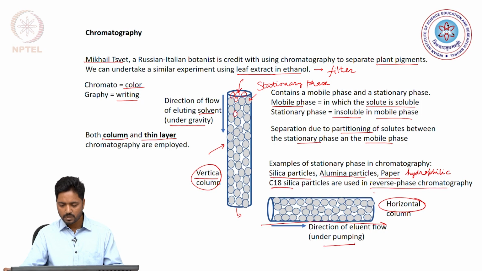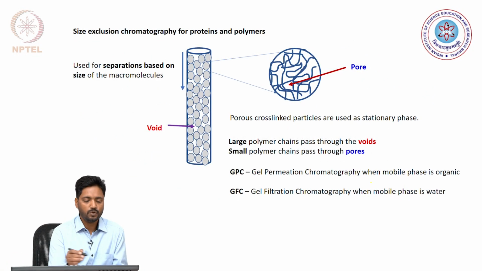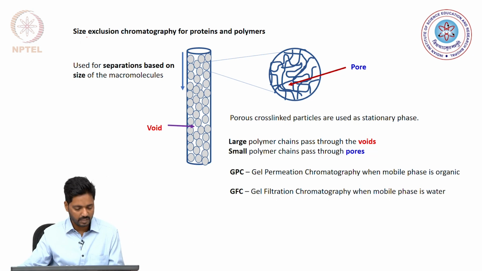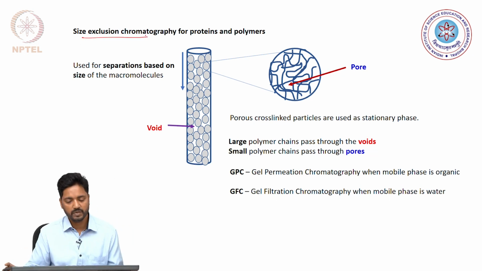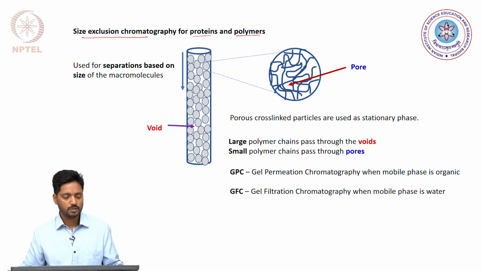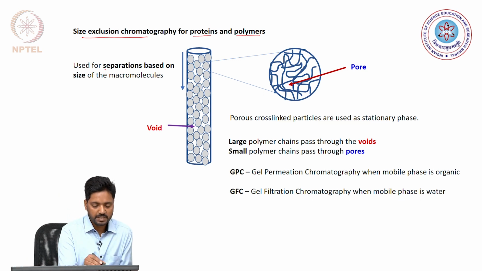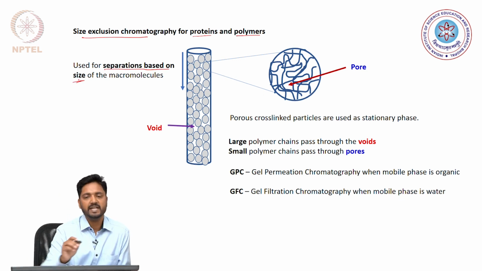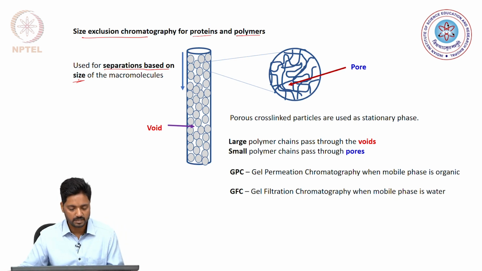Let us go to the next topic, which is the use of size exclusion chromatography with proteins as well as polymers. Size exclusion chromatography, as the term clearly indicates, utilizes separations based on the size of the macromolecules or proteins of interest.